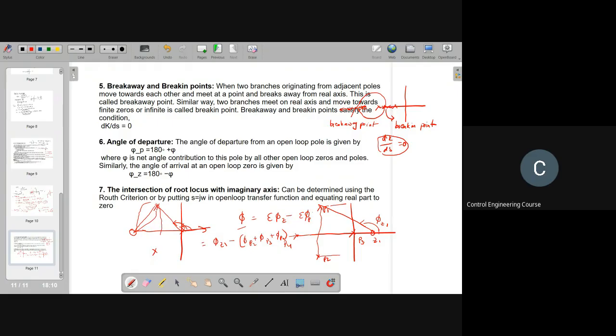Because this is the complex conjugate, so this angle is always 90 degrees. You can directly calculate it. Then P3 is at the origin, so again it is with respect to the real axis. This is phi 3. Then this one is phi 4.